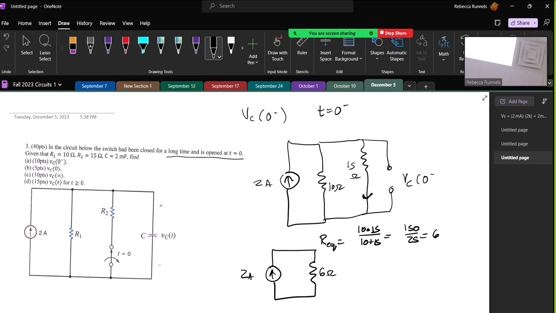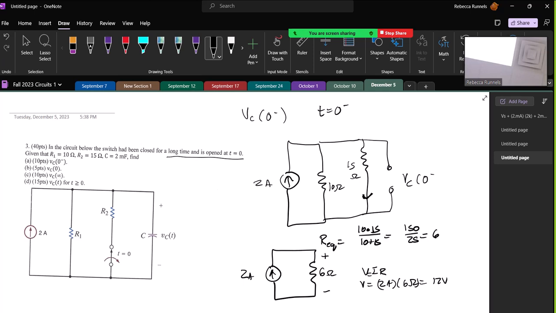And so now we would have V equals IR, or V equals 2 amps times 6 ohms, which is 12 volts. Notice it is plus on top because that's the direction that current is going.